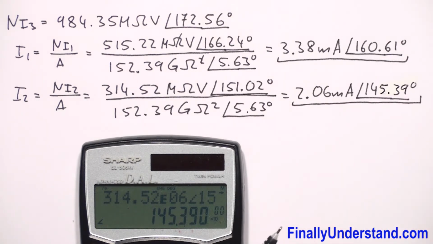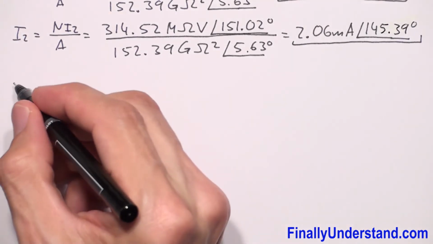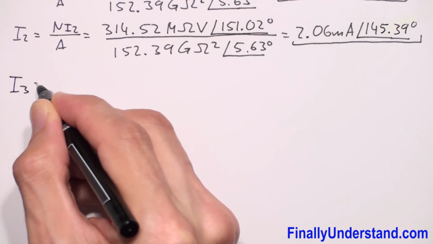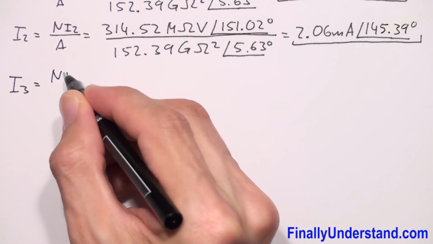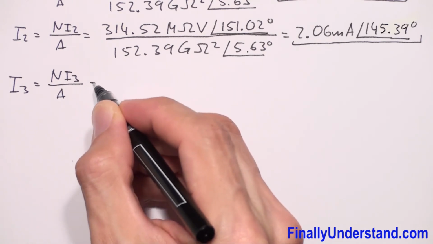Next, I'm supposed to find I3. So I have I3 equals NI3 over delta.